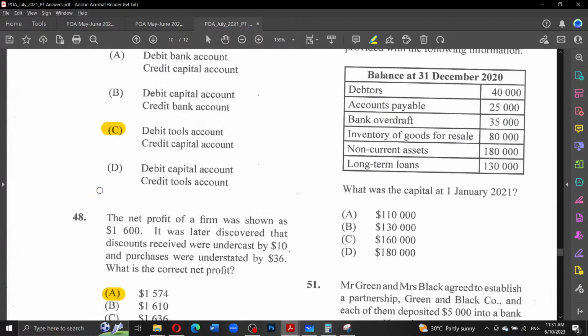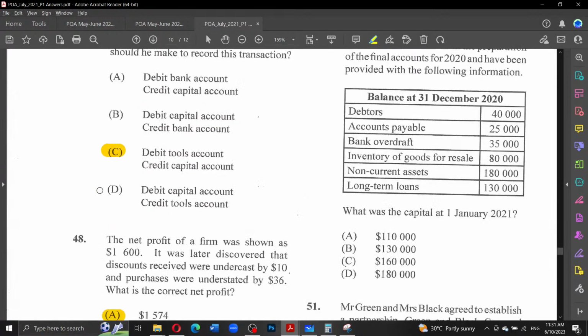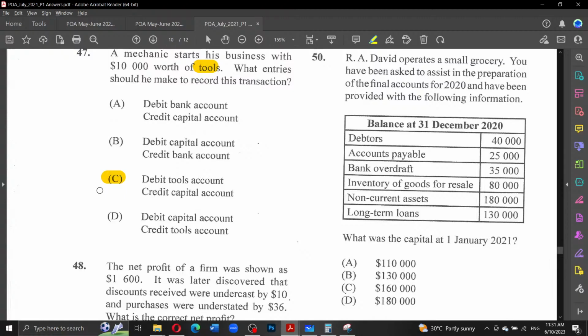Let's look at 50. What is the capital at 4th of January 2021? So basically we have R.A. David, who operates a small grocery. You have been asked to assist in the preparation of the final accounts for 2020 and have been provided with the following information.